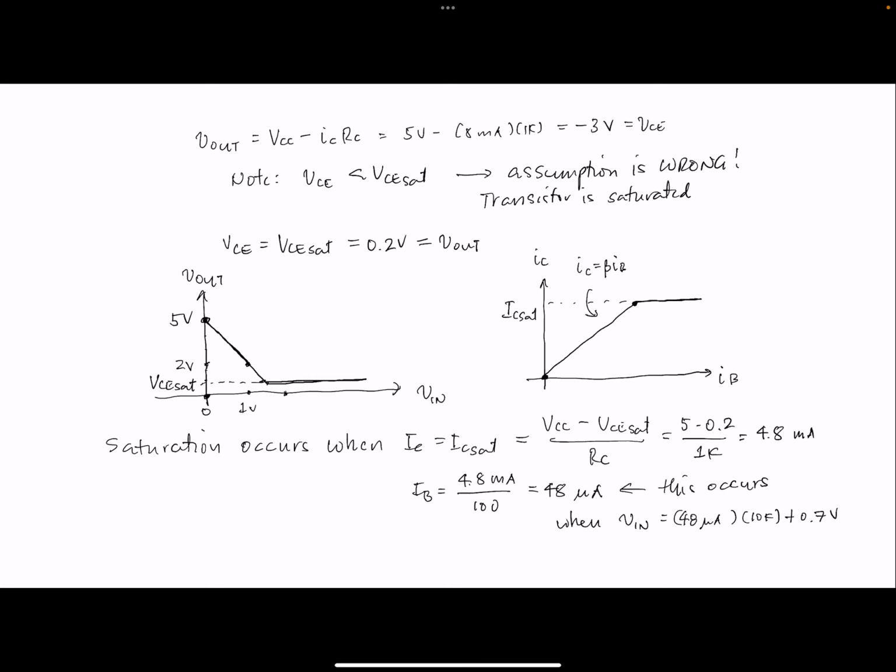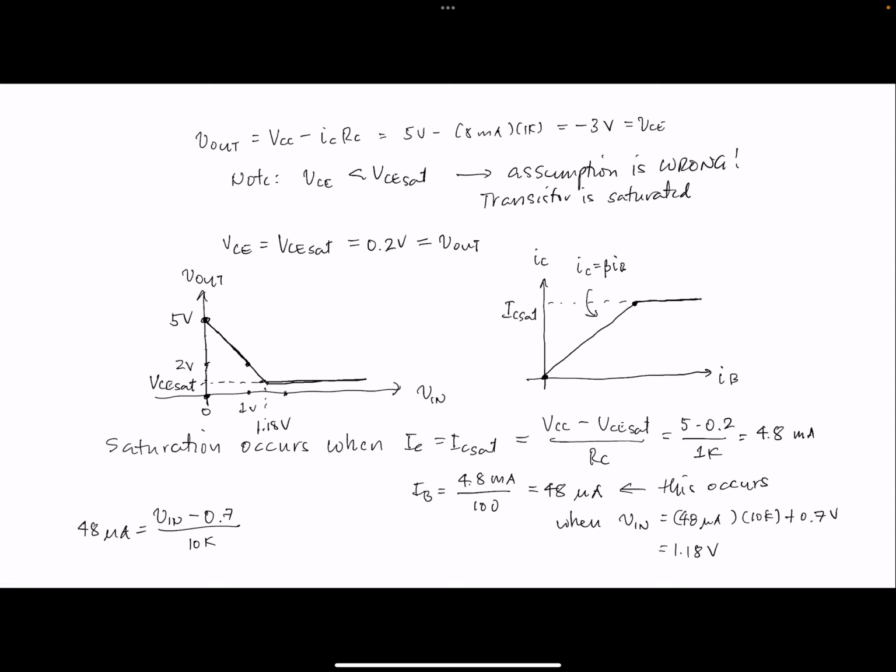Where does that come from? Well, that comes from this: 48 microamperes is equal to Vin minus 0.7 over 10K. And what is this? This is 1.18 volts. So we know that this point here is 1.18 volts.